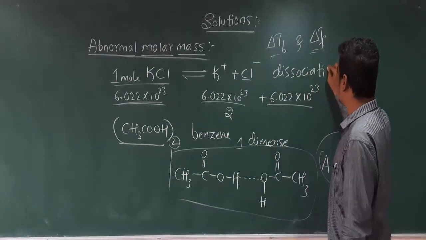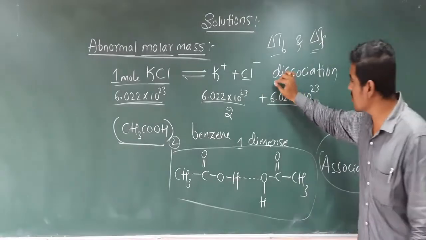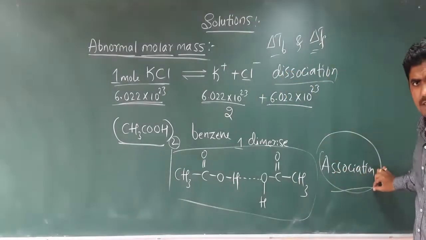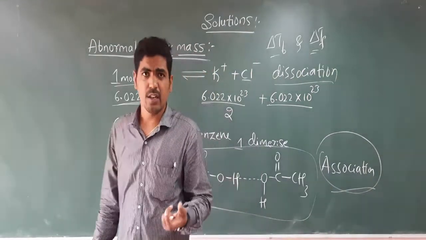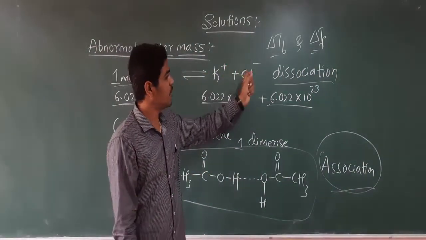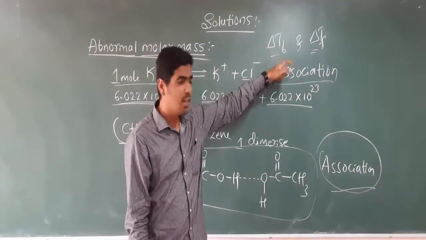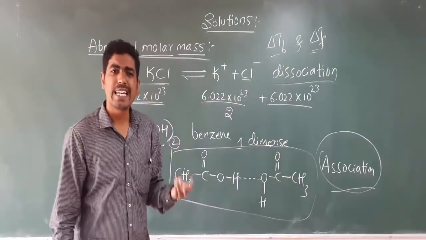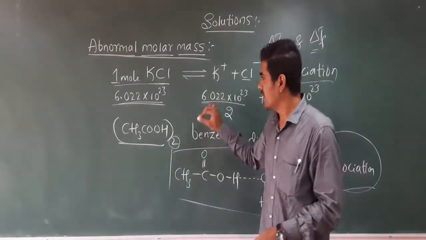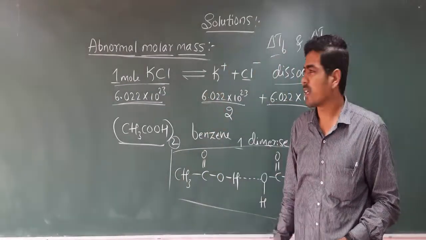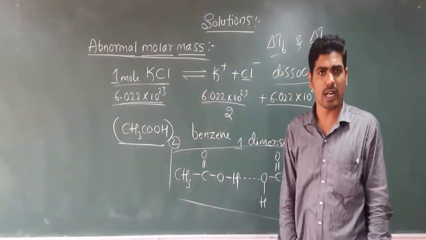When a molecule undergoes either dissociation or association, the molar mass of the solute, calculated using delta TB or delta TF or any other colligative property, changes. Then you can observe the abnormal molar mass.